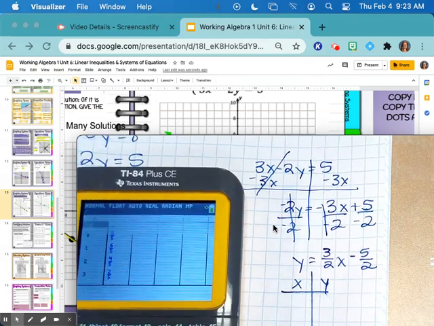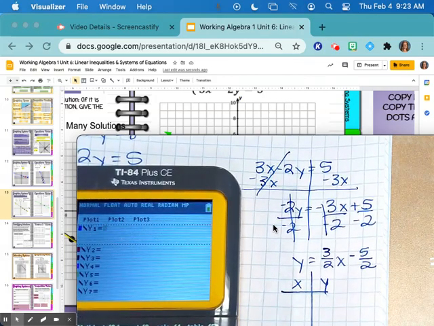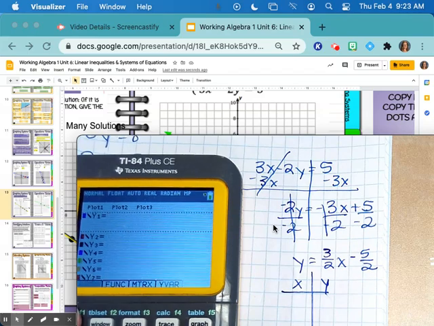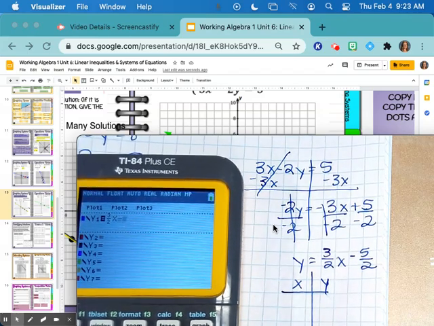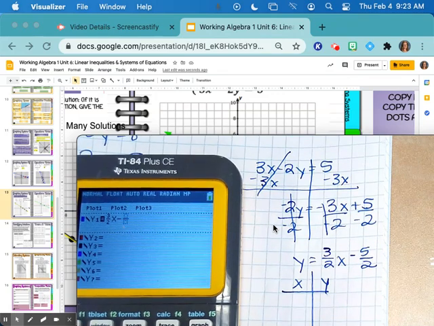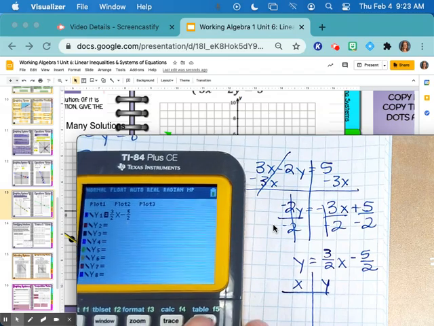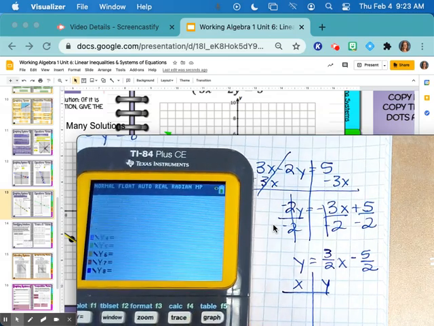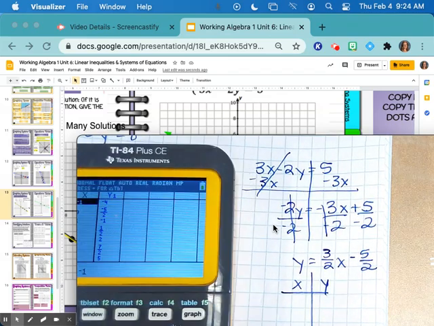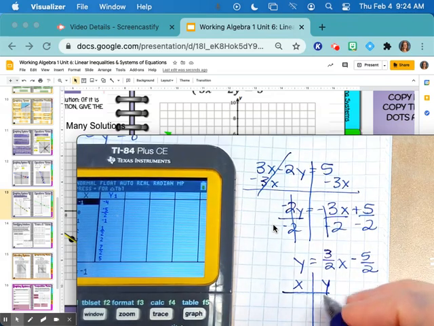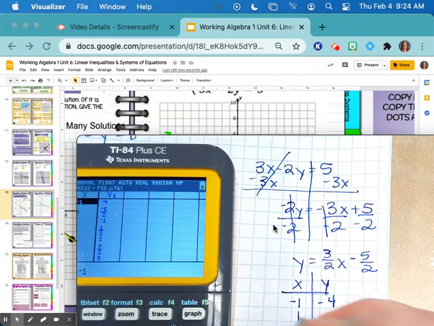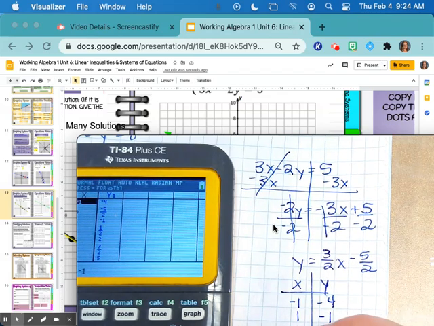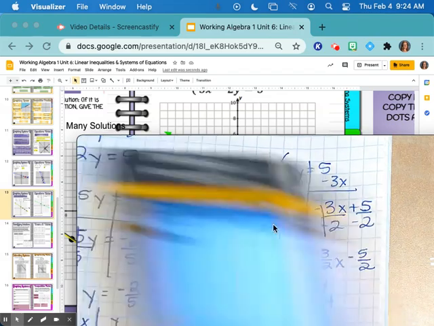So we need to go back to the y equals, clear what's in there, put this one in there. 3/2x minus 5/2. We need 2 points. Go to your table. I have -1, -4, 1, -1, and there's actually 5, 5. So I have a few points I can use.